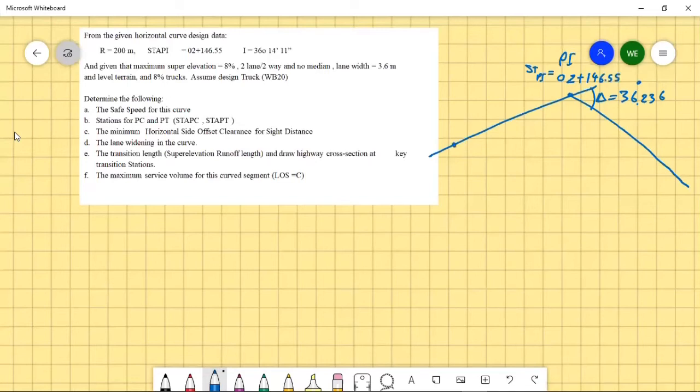The curve starts from here and continues to here. So this is going to be the point of curve, and that's the point of tangent.